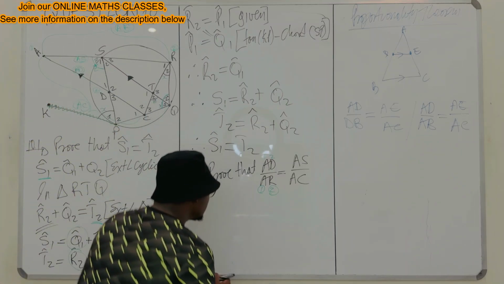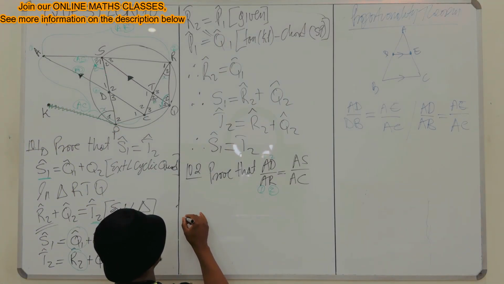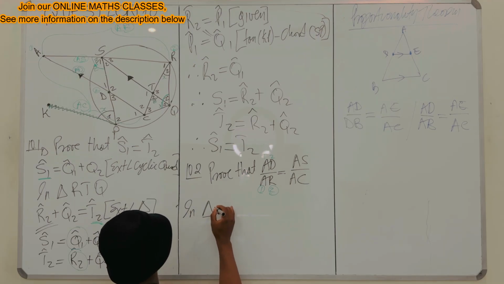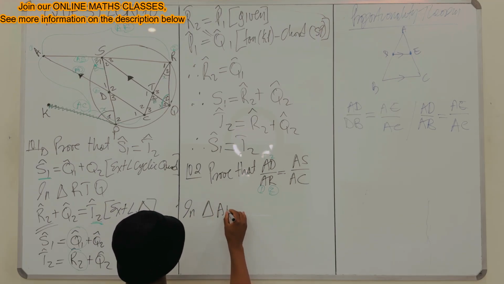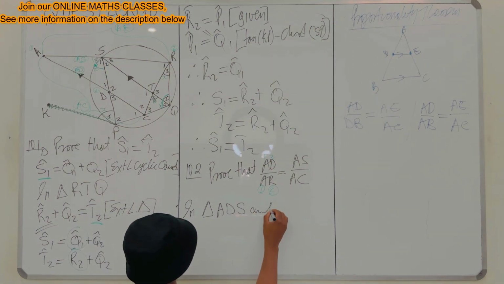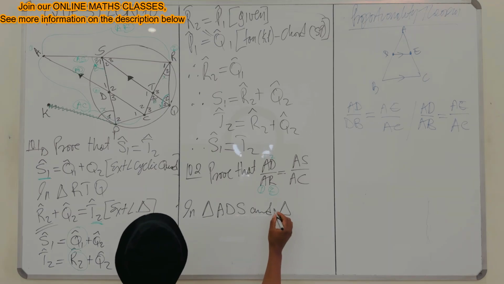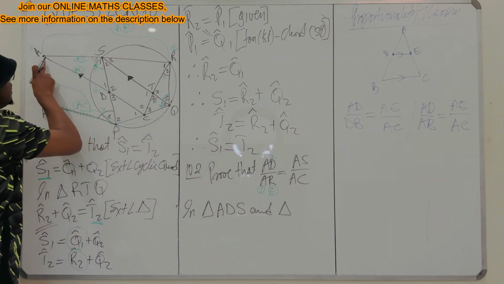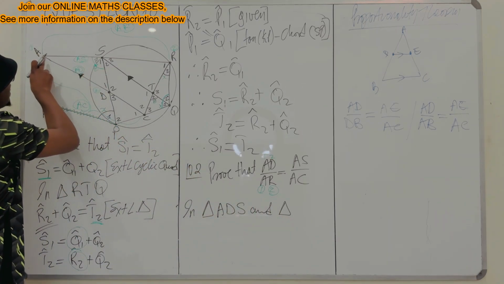So let's say in triangle ADS, what is AD represented by?